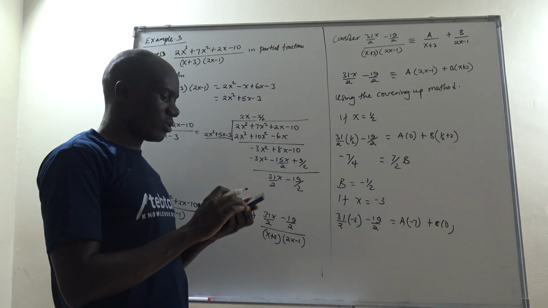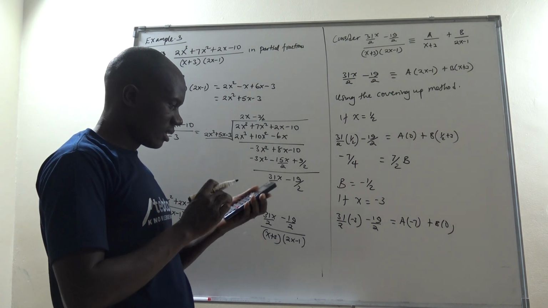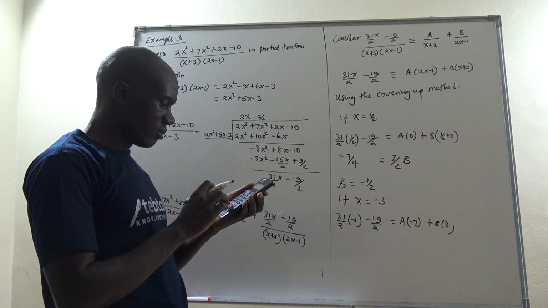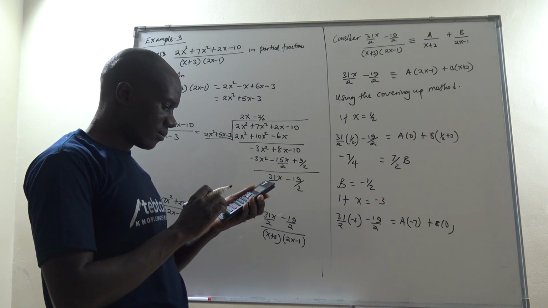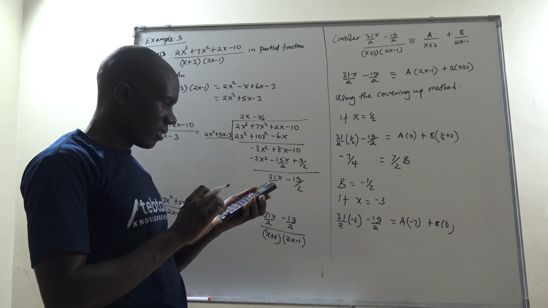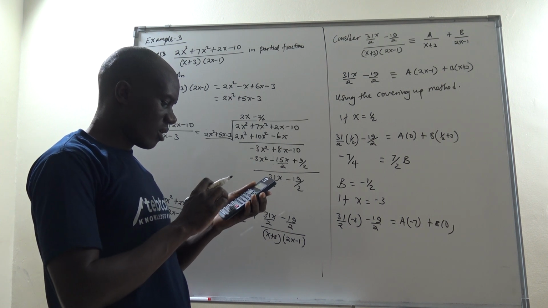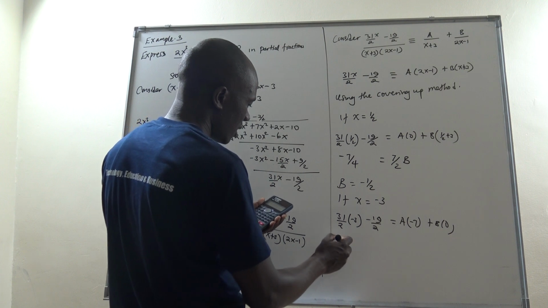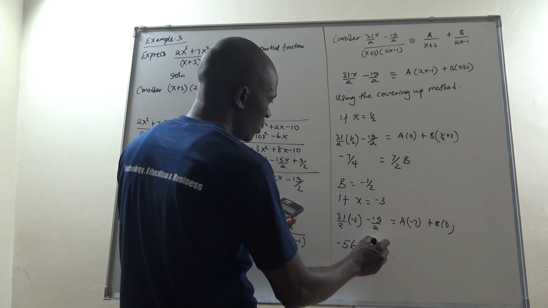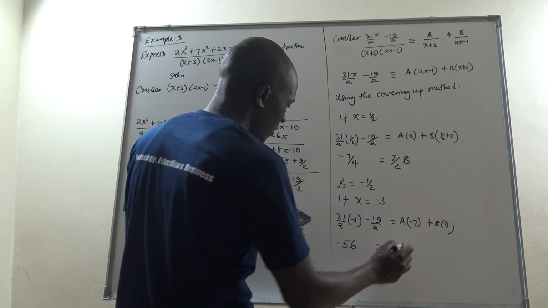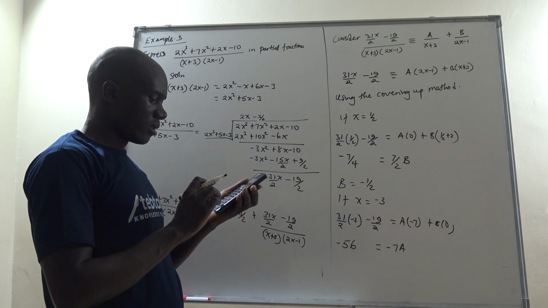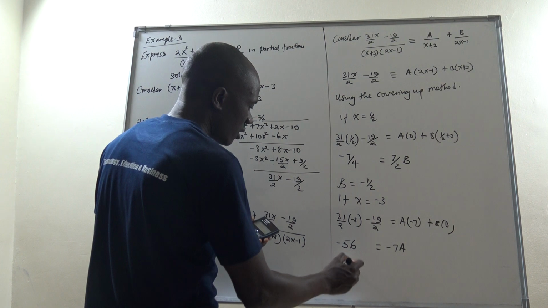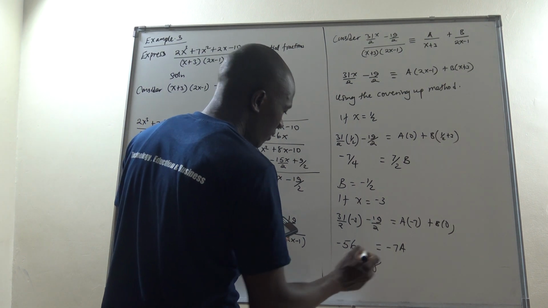So substituting in again, 31 out of 2 into negative 3 minus 19 out of 2, we come out with negative 56, which is equal to negative 7a. Dividing the whole of that by 7, a is giving us positive 8.